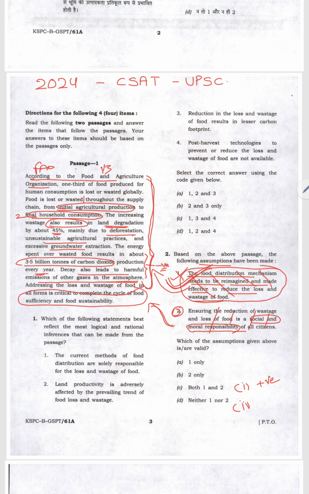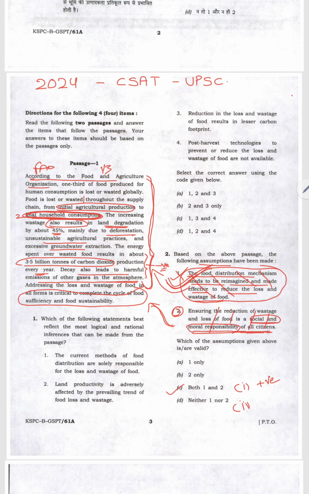So I need to think in such an aspect. If I'm removing this statement, does it affect the paragraph? It is affecting. And also you can see indirectly there is a hint given. In final household consumption, wastage is happening here also. So what do you mean by household consumption? Here humans only, right? It is speaking about citizens only. So that's why there is a social and moral responsibility of all citizens. This has to be right.